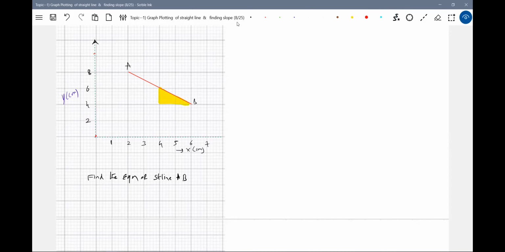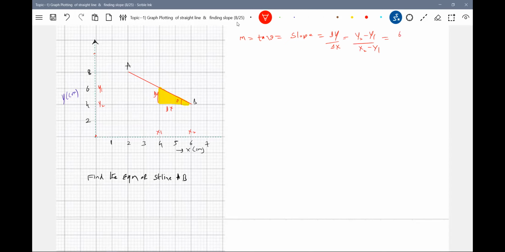So let me choose this as x1. I'll look at the corresponding value of y1. When x1 equal to 4, y1 will be 6. When x2 equal to 6, the y2 will be 4. This is theta. This will be delta y, delta x. So the definition m equal to tan theta, which is slope, which is equal to delta y by delta x, y2 minus y1 by x2 minus x1.